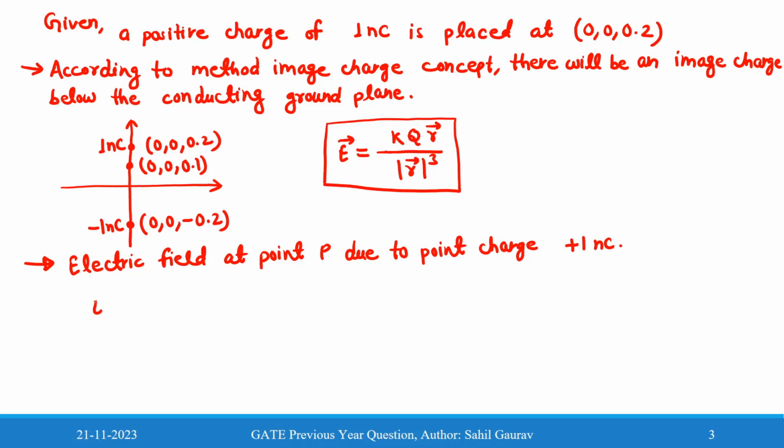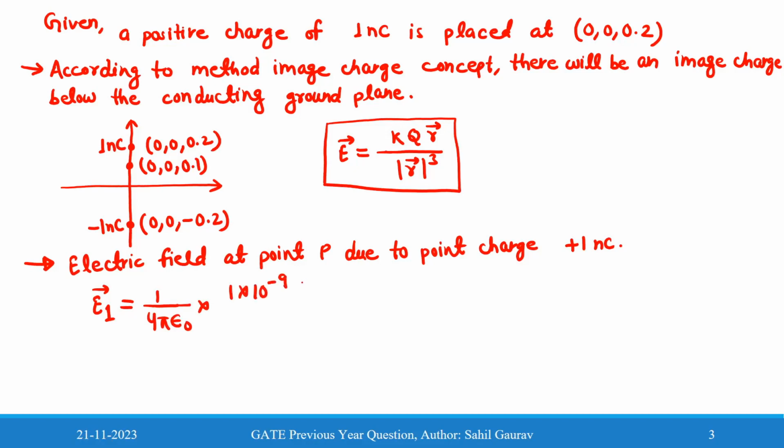So now this is the expression that we are going to use. Let us take it as E1. So E1 will be 1 divided by 4 pi epsilon naught, that is K value, and this Q is 1 into 10 to the power minus 9.